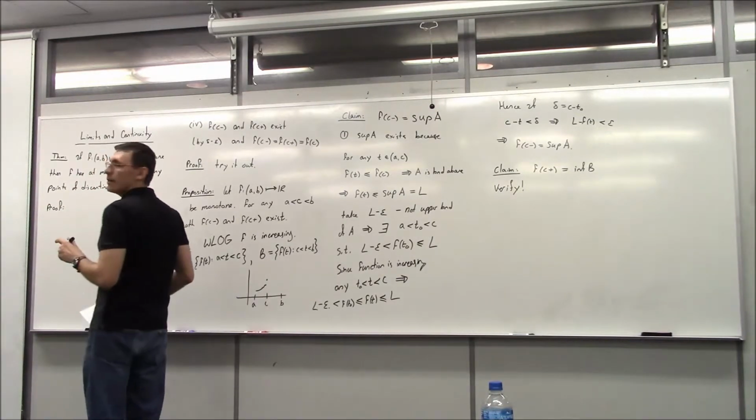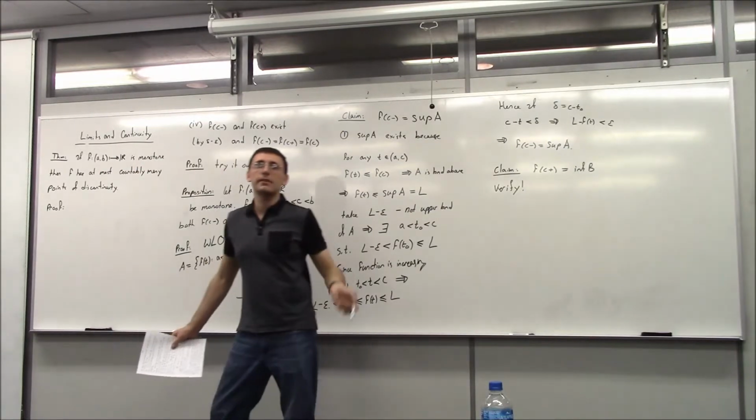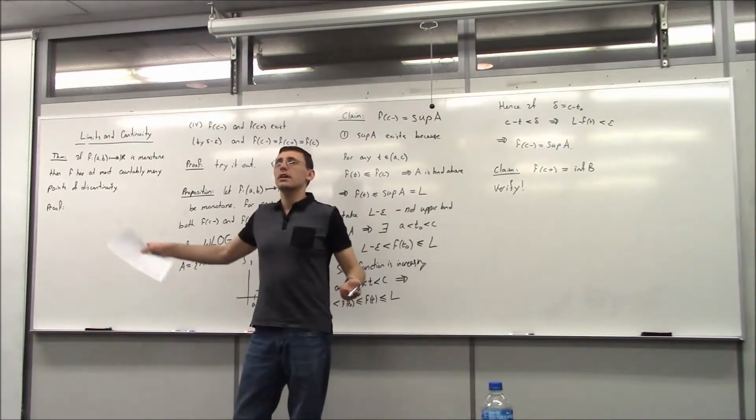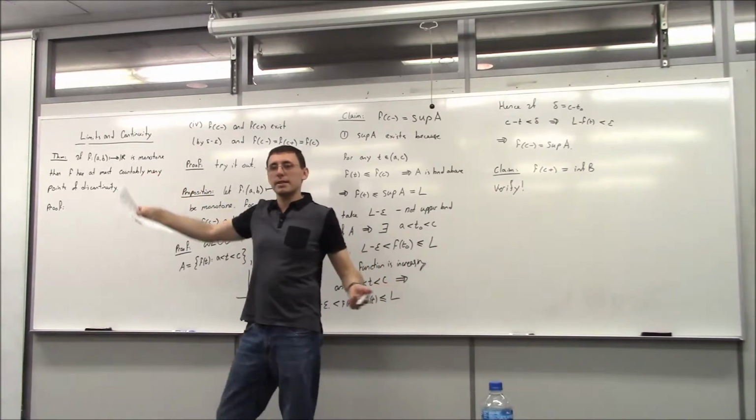So what am I going to say? We already know it's monotone, so we know that the limit on the left and the limit on the right exist.